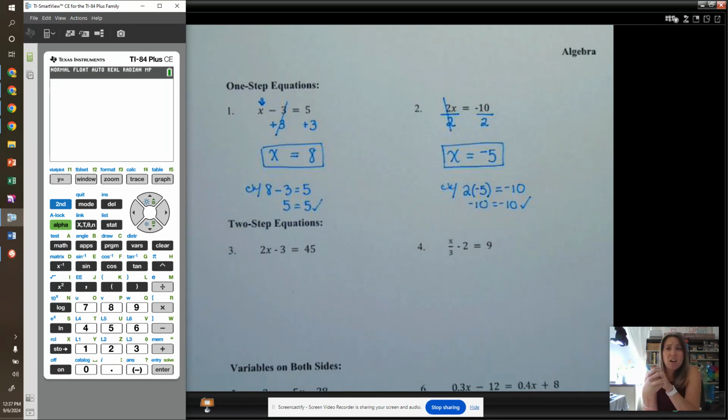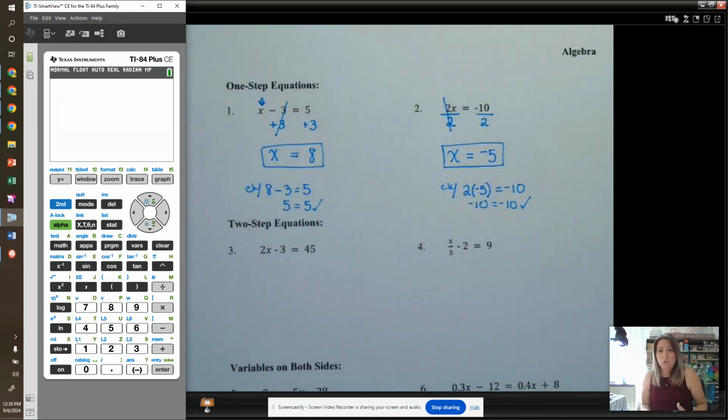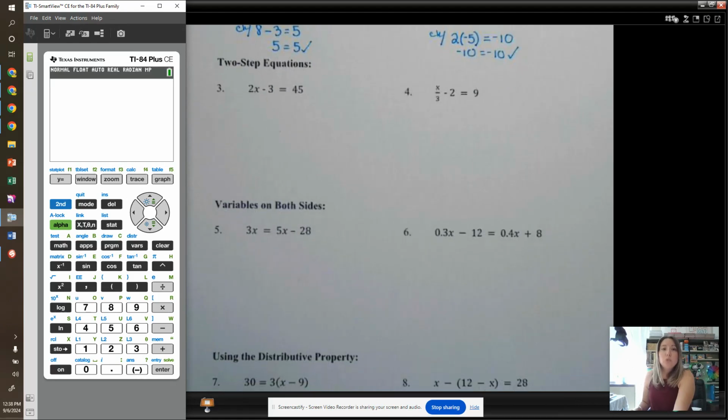Both answers we got are real numbers. They are counting number, integer, right? So we are getting some basic answers to start. Obviously, that will change as we go through some harder questions. Okay, we started real basic. Now we're going to get into your 2-step equations. There will be 2 steps to isolating x this time.